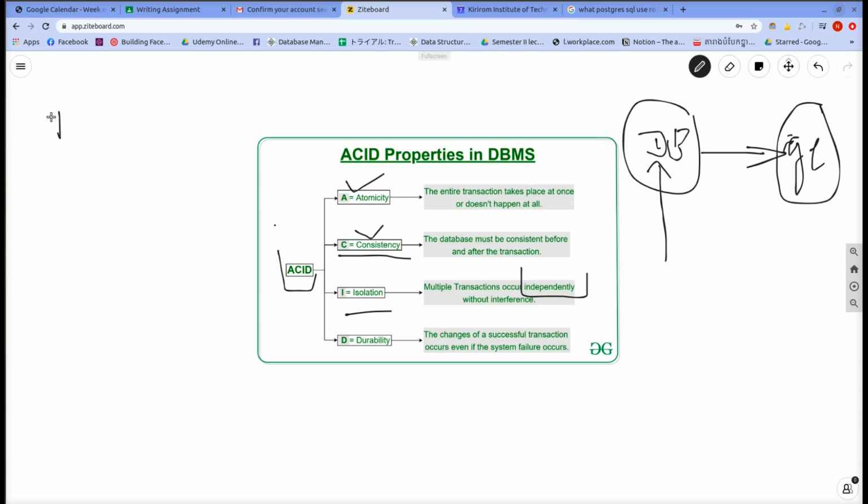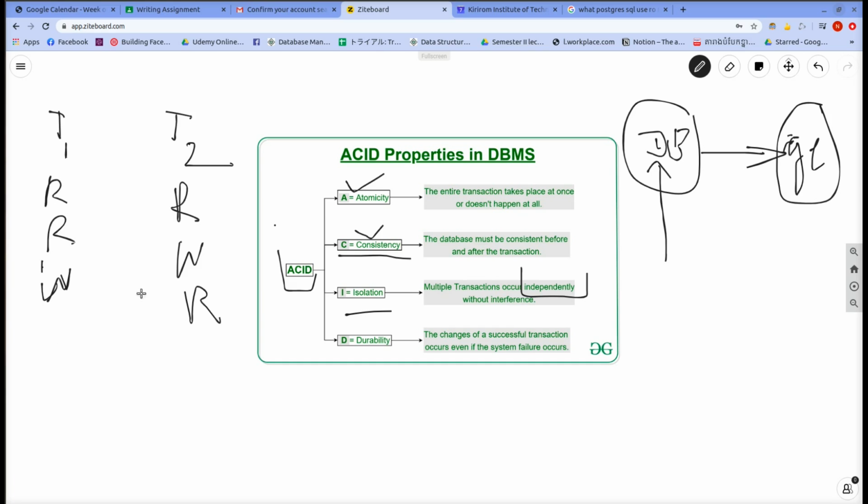For example, I have two transactions, T1 and T2. T1 may have some read, read, and this write, and this read, write, and read.